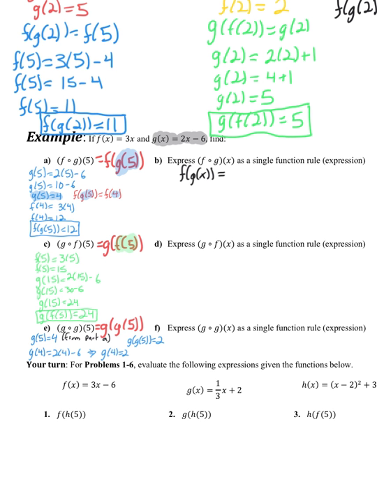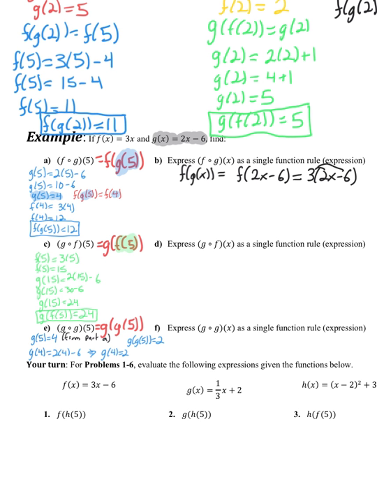So that's very similar to what we did on problem 4 at the very beginning today in our little warm-up. I'm going to say f of 2x minus 6. I'm going to replace x with 2x minus 6.